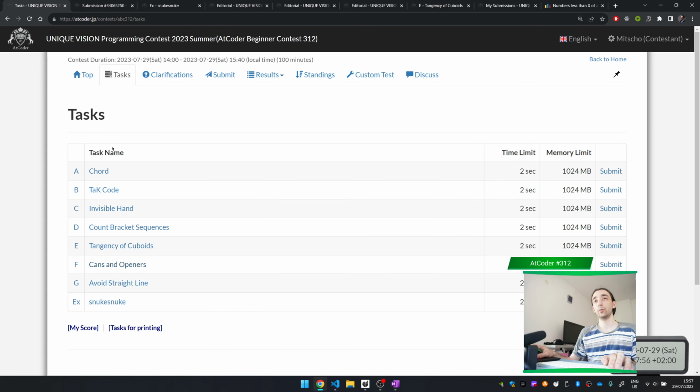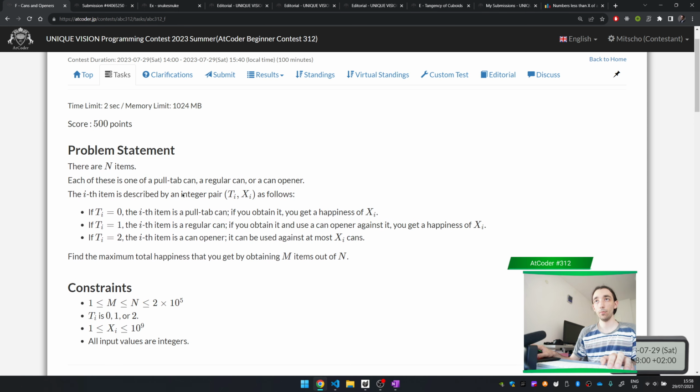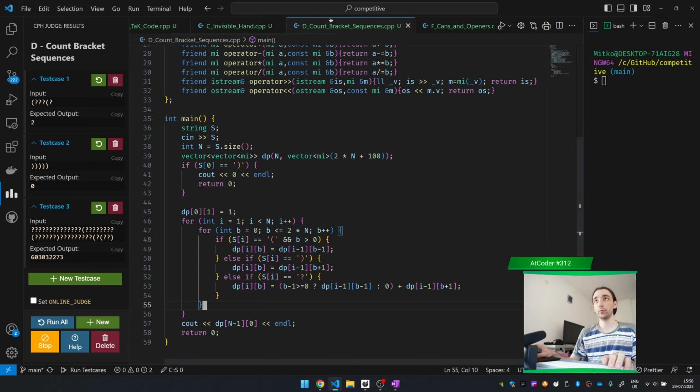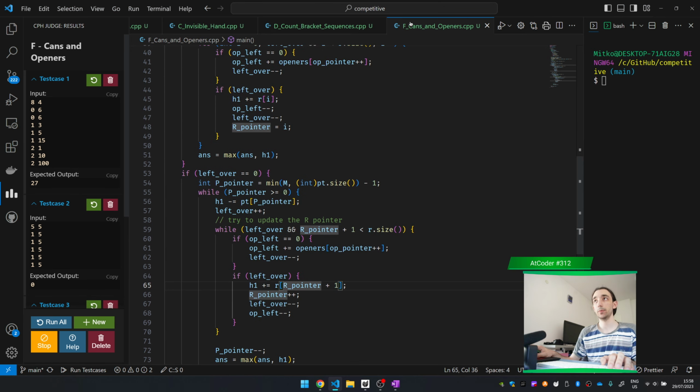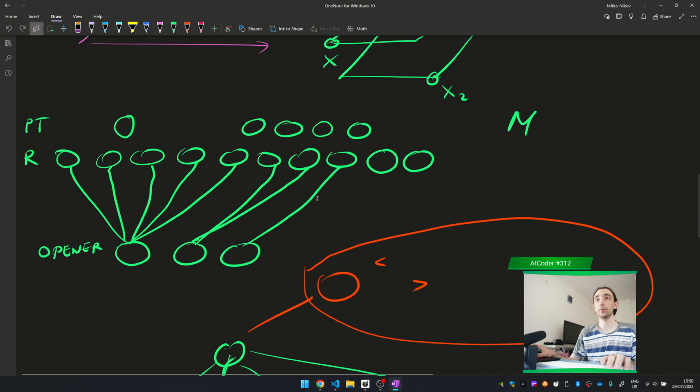Problem F was a greedy problem because you could formally prove some things, and I explained everything in my solution. If you go back into F, I explained how I first pick up the pull tab cans.